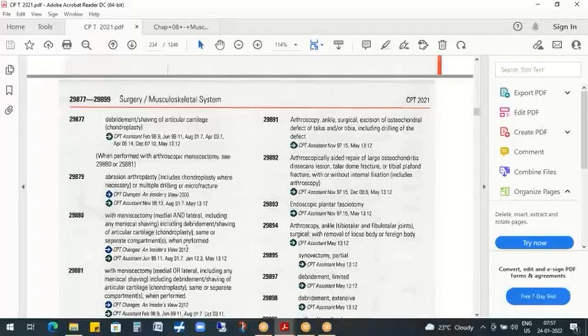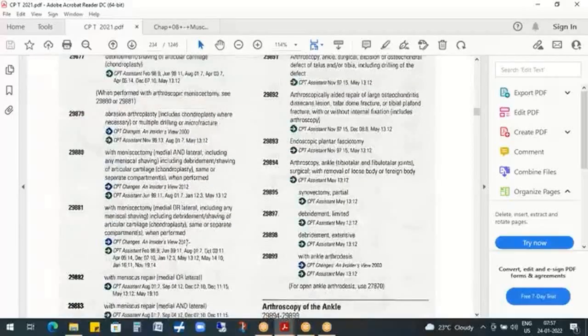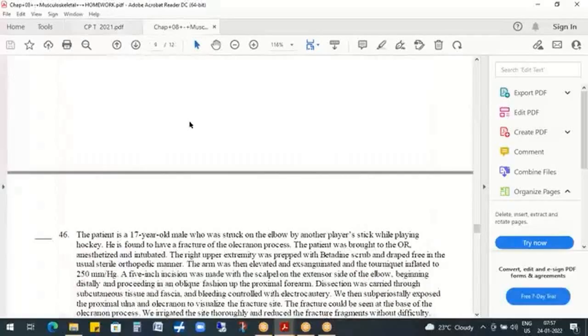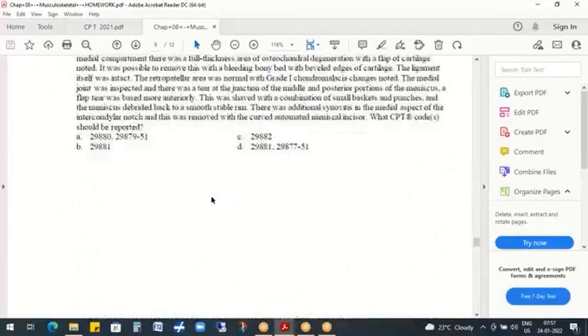Medial and lateral means both the compartments. 29881, or any one of the compartments is involved, medial or lateral. 29882, 883. These four codes are very, very important. And means both, or means anyone. Always keep in mind.